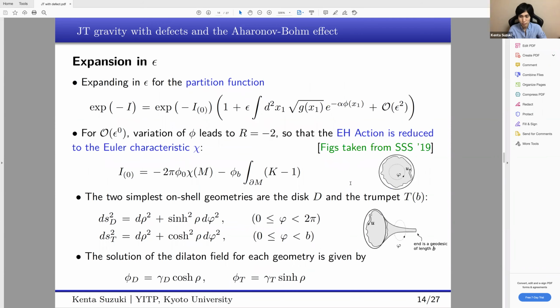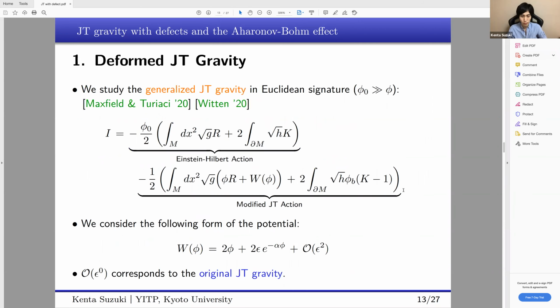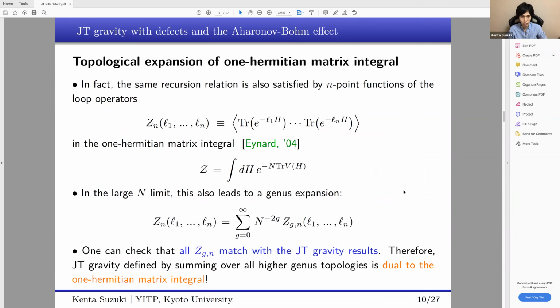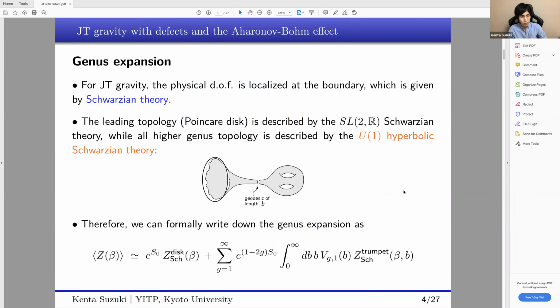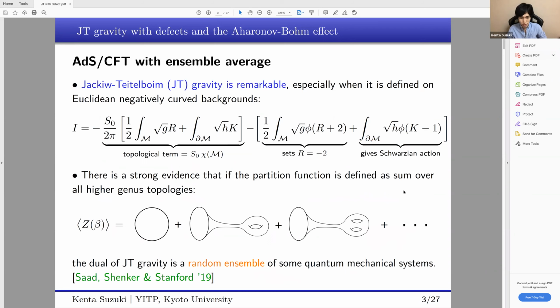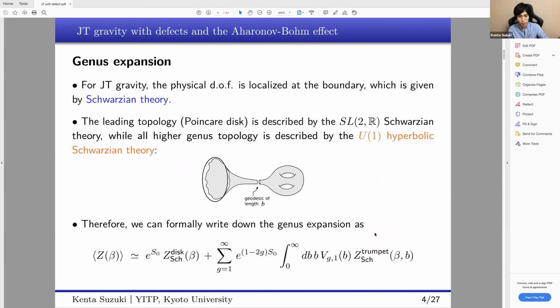So here I'm solely focusing on zero genus cases. This genus expansion we usually cut like this, and then just consider this trumpet geometry, and this is okay for the pure gravity case.